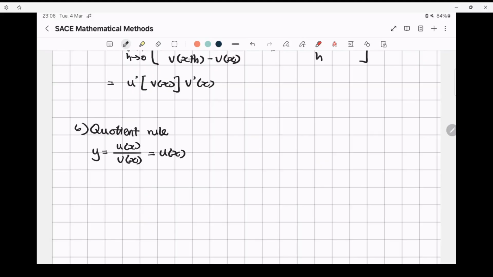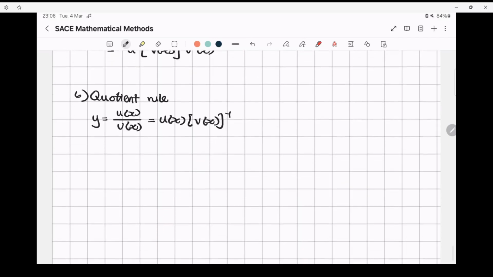So this is just ux vx to the power of minus 1, and we can definitely differentiate that using product rule and chain rule. The idea of product rule is that you differentiate the first one, keeping the second one constant.